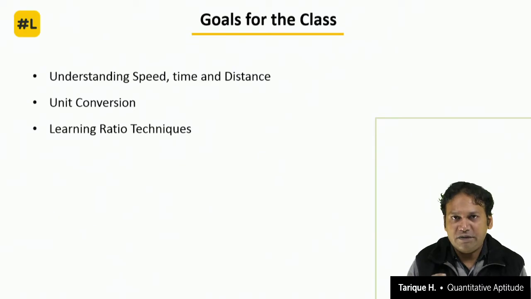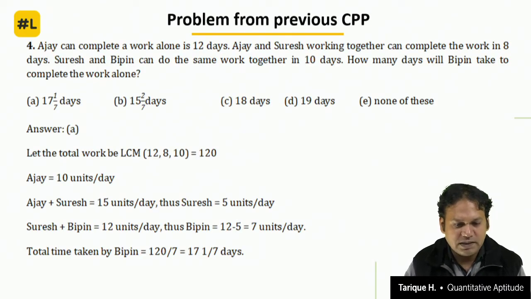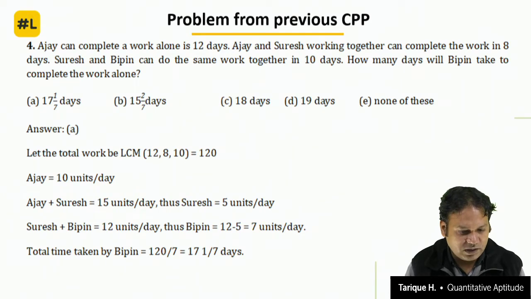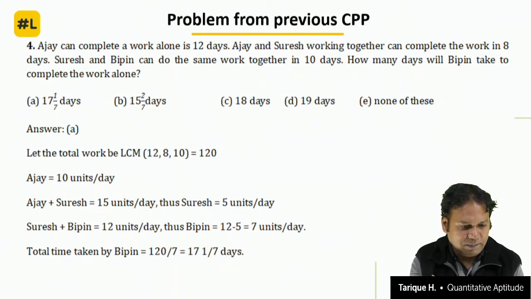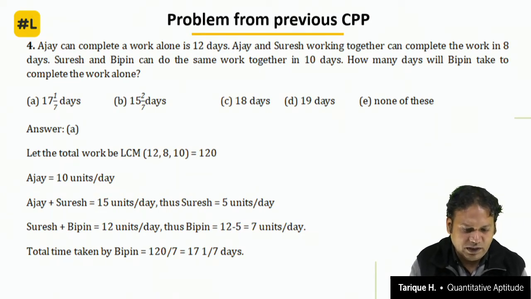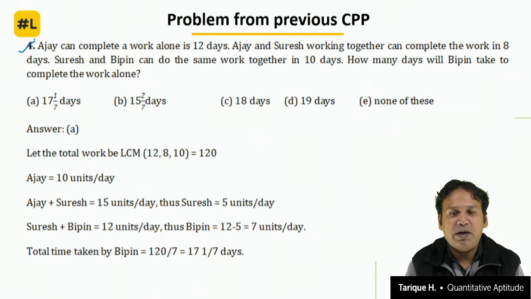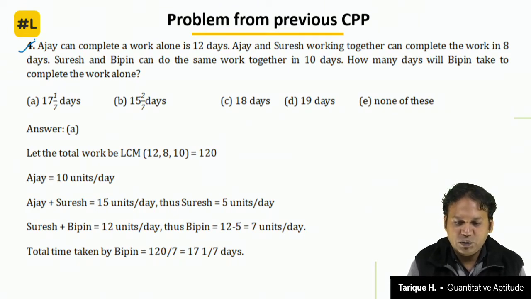So starting with the first session today, before we go to that, let's just quickly cover the problem from the previous CPP, that is the previous question from class practice pack. This is a question from the topic of time and work, and here we have: Ajay can complete a work in 12 days, Ajay and Suresh can do the work in 8 days, Suresh and Bipin can do the work in 10 days.